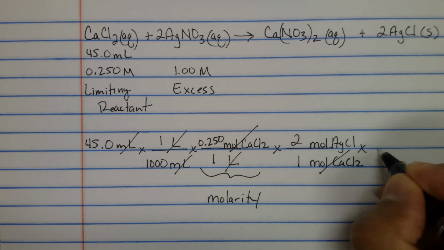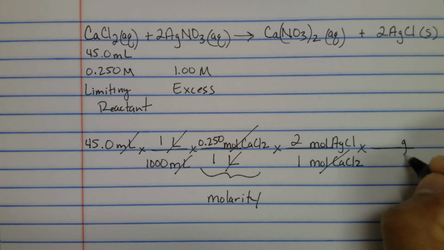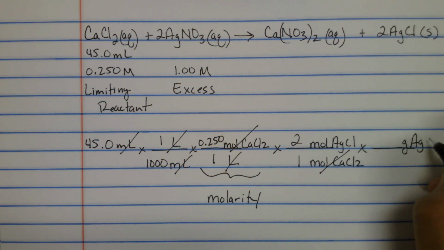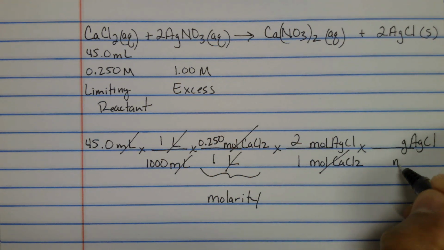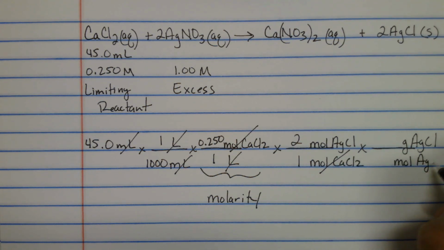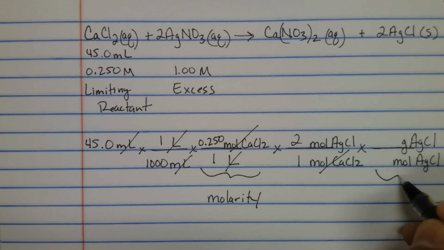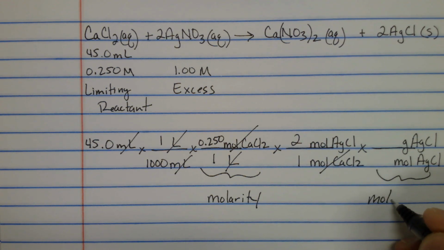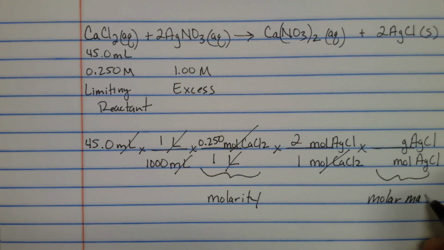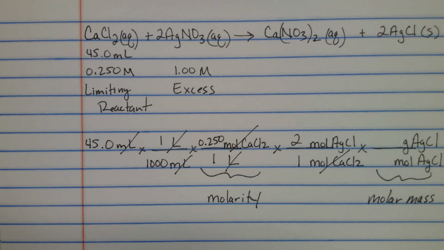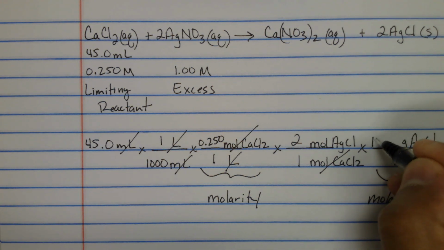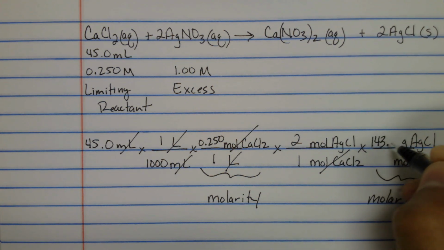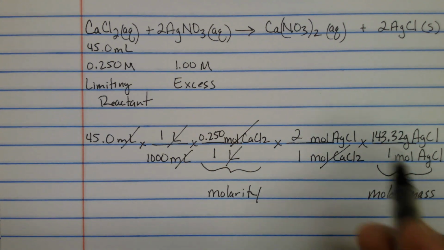And since we're looking for the mass, the last thing we'll do, of course, is just convert to the mass of the silver chloride and cancel the mole of the silver chloride. This, of course, is the molar mass. We can go to the periodic table and find the molar mass. For silver chloride, this should be 143.32 grams per mole.